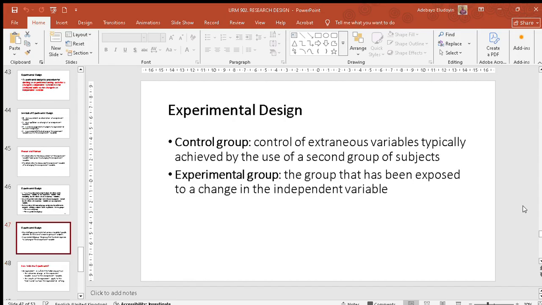And so control group, we say controls, I mean control of extraneous variables, typically achieved by the use of a second group of subjects. And then you have your own experimental group. Those are the ones that are exposed to what you want to do.